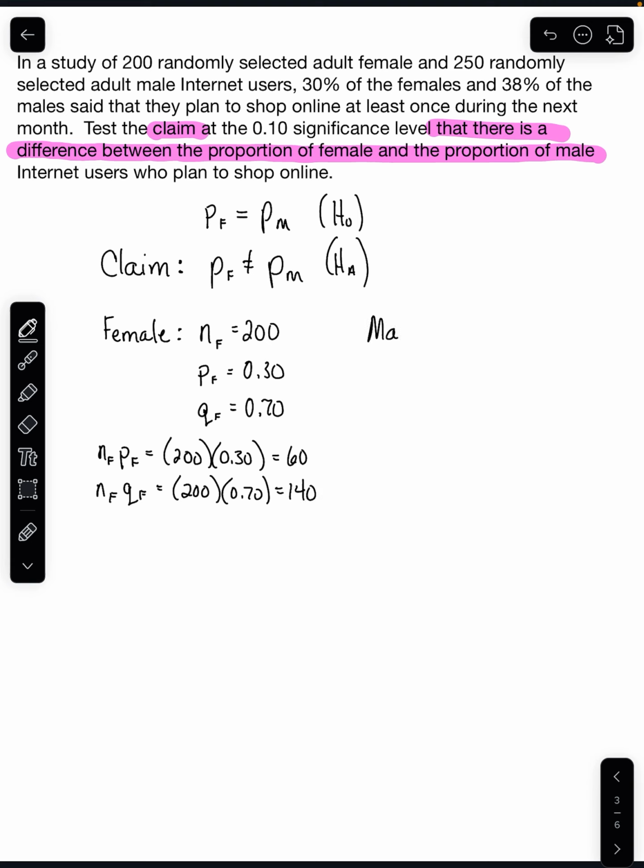For the males, we have a sample size of 250. We have a probability of success of 0.38, and a probability of failure, therefore, of 0.62.